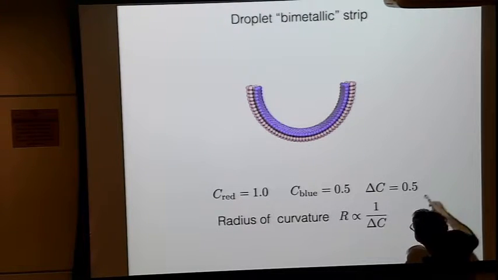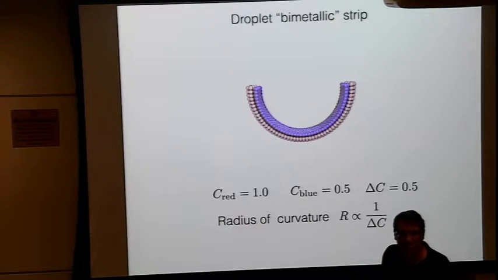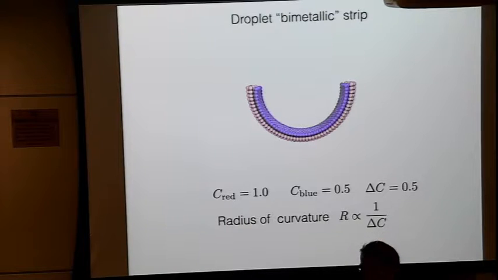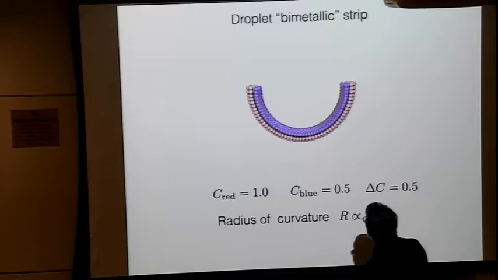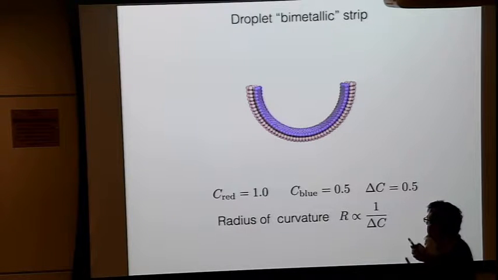So this deforms into this nice spherical shape. And you can compute the radius of curvature of this deformed strip. It's proportional to 1 over this concentration gradient. And you can see here the concentrations are starting to equilibrate.